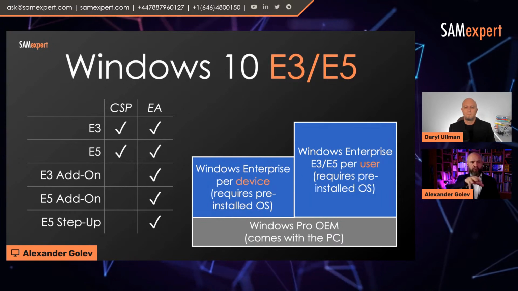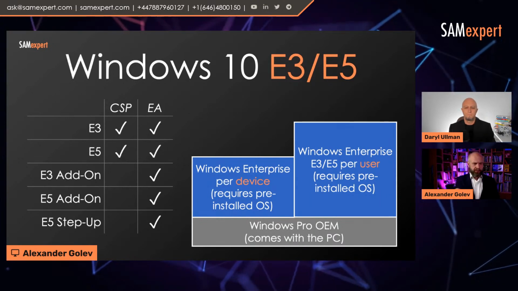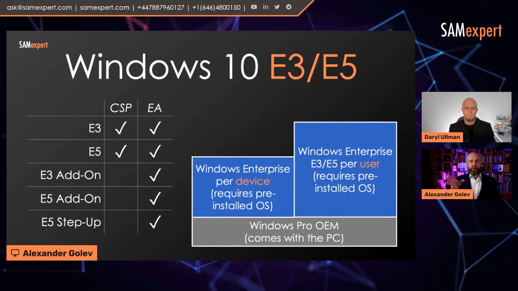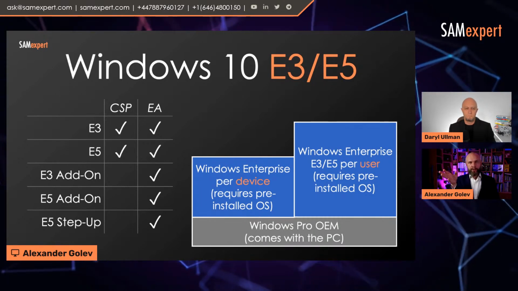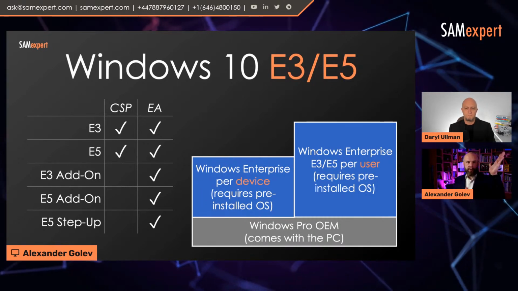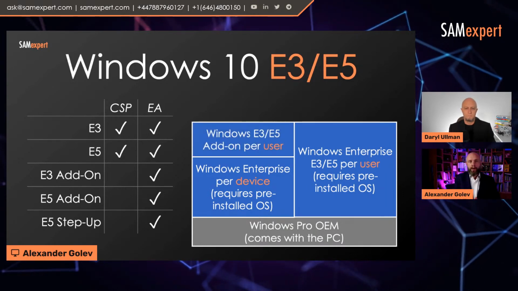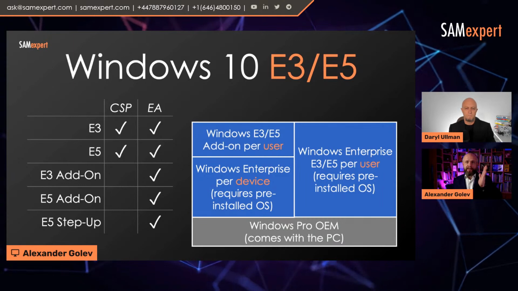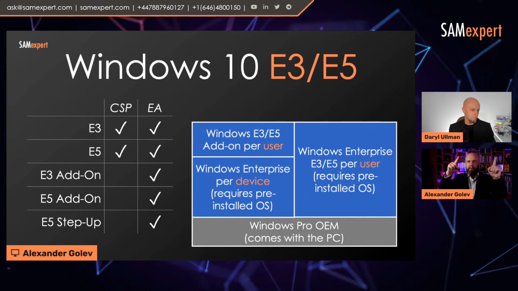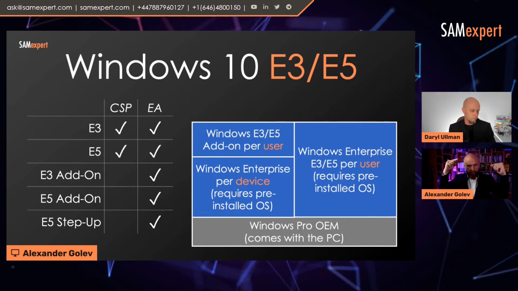We'll talk about how you assign licenses in a few slides. So you can either go Enterprise per device, or Enterprise per user, or go Enterprise per device and then add on. The official term is add-on.